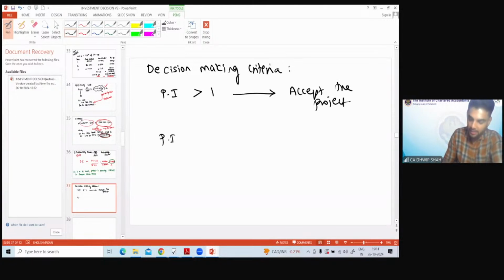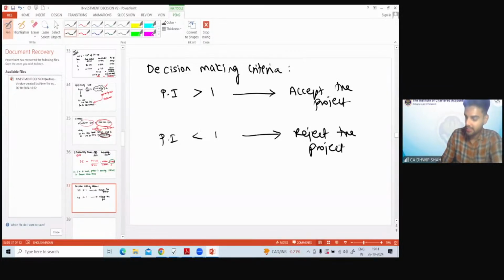If PI is less than 1, reject the project. And if PI is exactly equal to 1, then you are free to do anything.